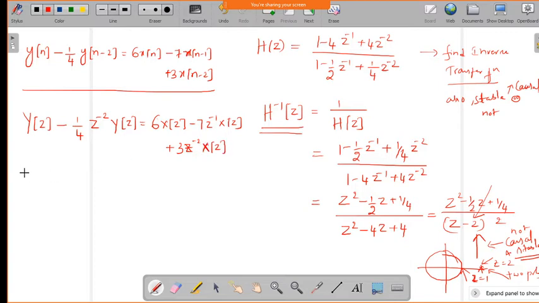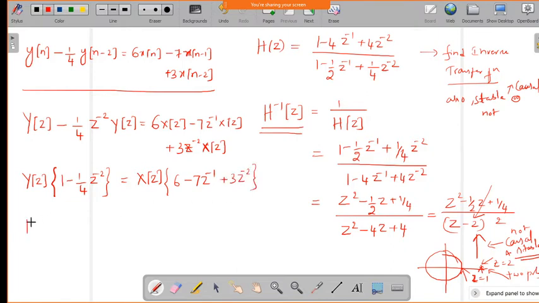Now take Y of z common, you will get 1 minus 1 by 4 z power minus 2, which is equal to X of z times 6 minus 7 z inverse plus 3 z power minus 2.